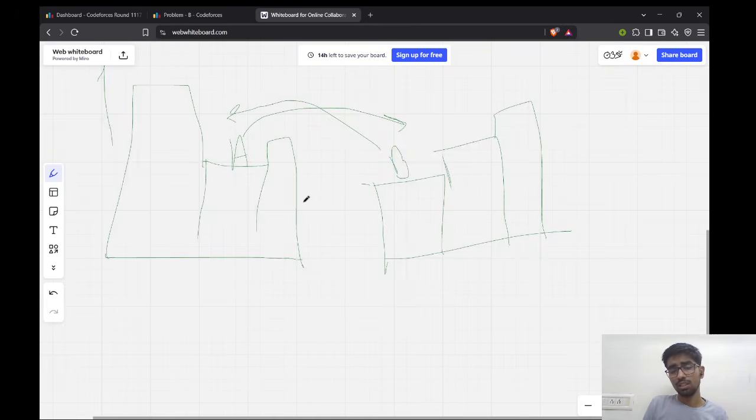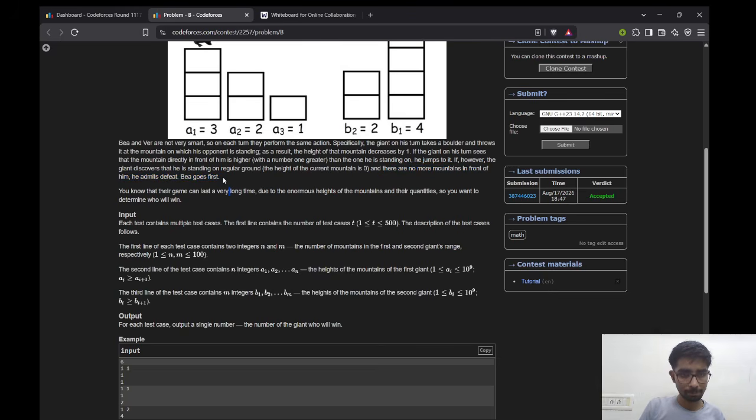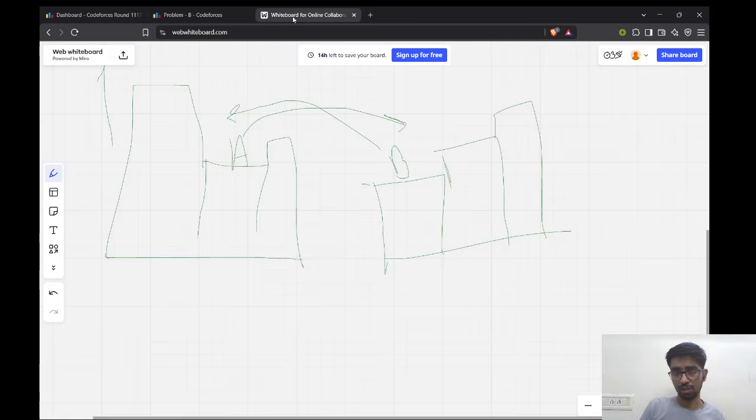So in this game, one player goes first. Let's suppose A is going first, and all the time A would be going first. That is clear in the problem. So what will happen when they throw a stone? The mountain on which the other player is standing will decrease by one.